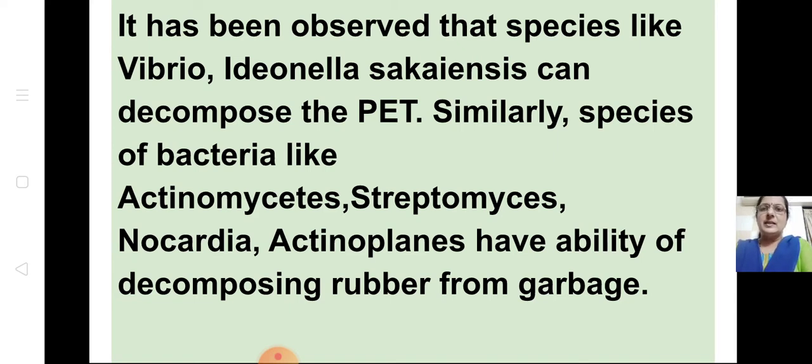Similarly, bacteria like Actinomyces, Streptomyces, Nocardia, Actinoplanes have the ability to decompose rubber from garbage. So for decomposing PET from the plastic of plastic bottles, these microorganisms can be used, and other microorganisms like Actinomyces, Streptomyces, etc. can be used to decompose rubber from garbage.